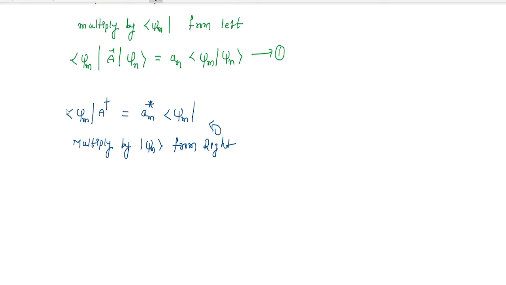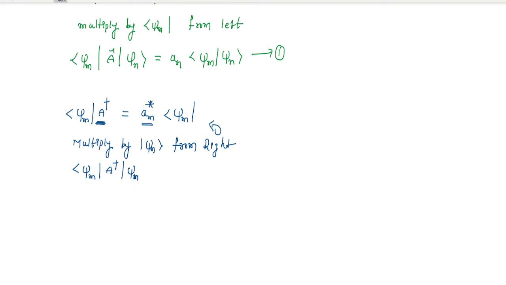Be careful here. This is an operator. We need to be careful when applying any ket vector in quantum mechanics. This is a scalar, and this is an operator. If you apply this operator here, it will apply like this: psi_m, A dagger, multiplied by the ket vector psi_n, not m.